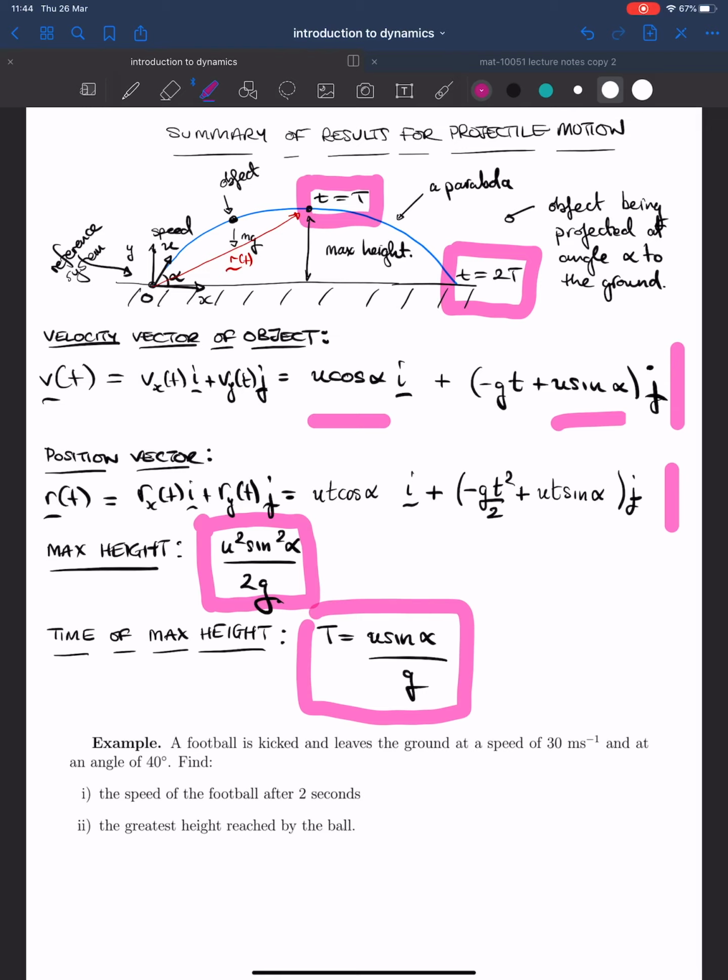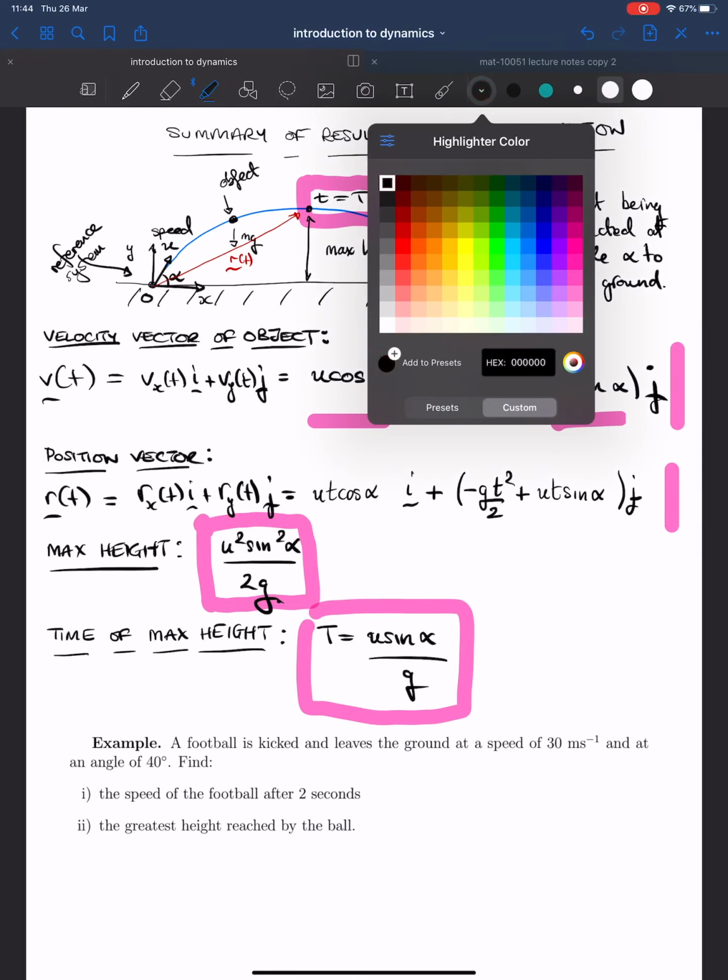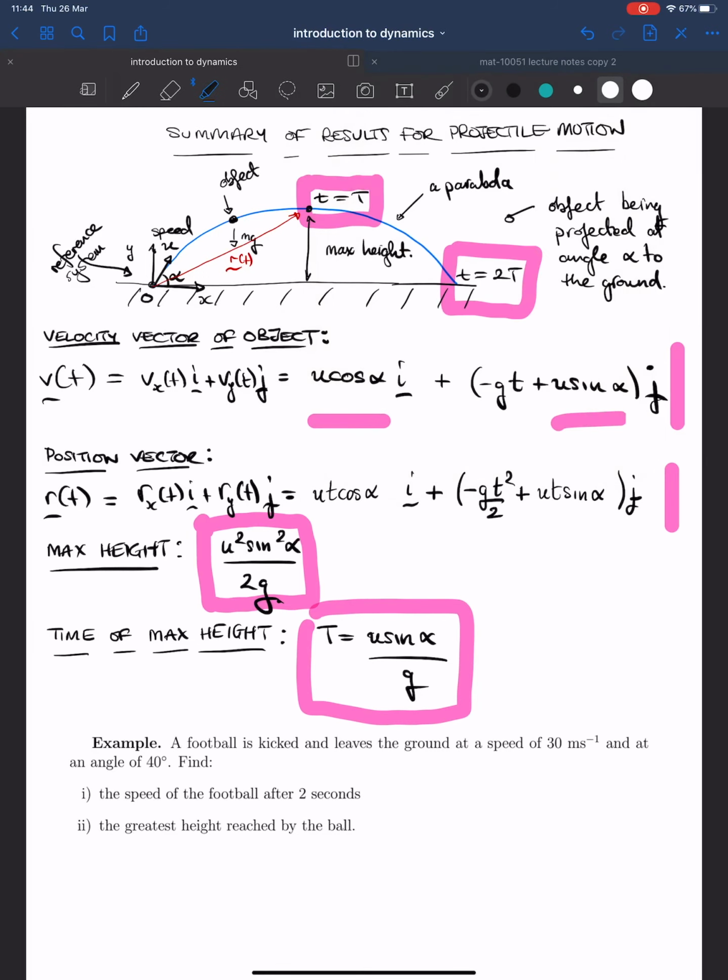And what we should be able to do now is use these expressions in anger to solve a couple of examples. Now, preferably, what I would like you to do is not memorize results. Okay, this is pointless because over time you will forget. The best thing to do to learn this theory is to understand how you derive the results.